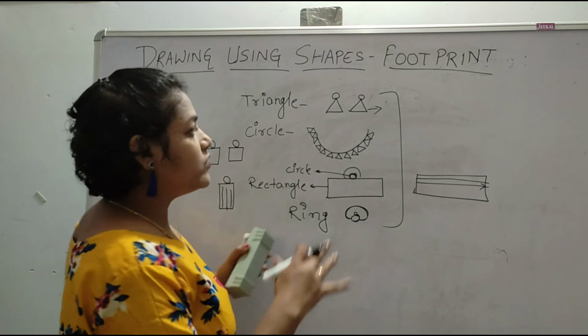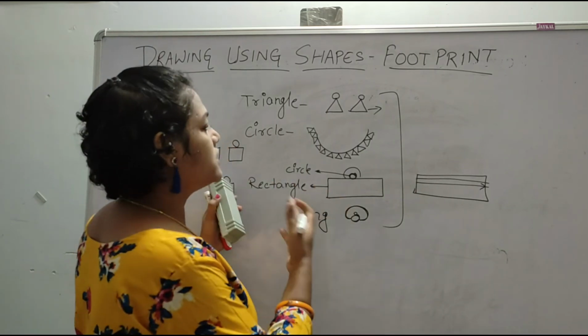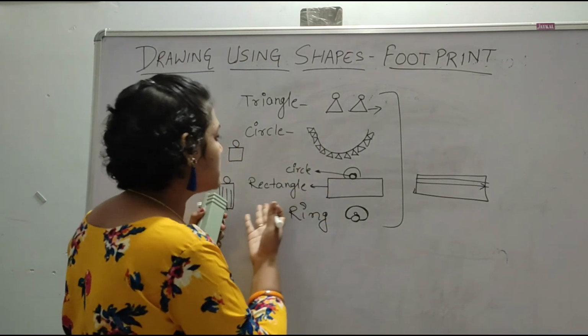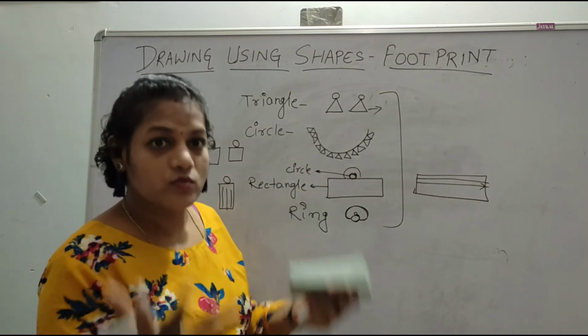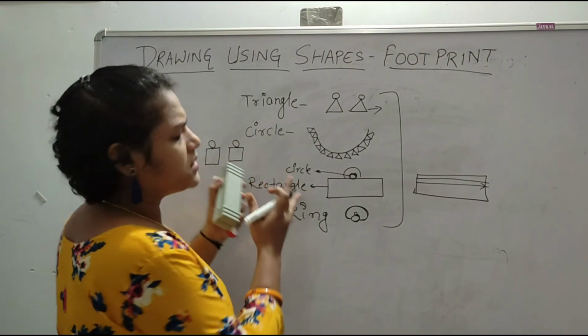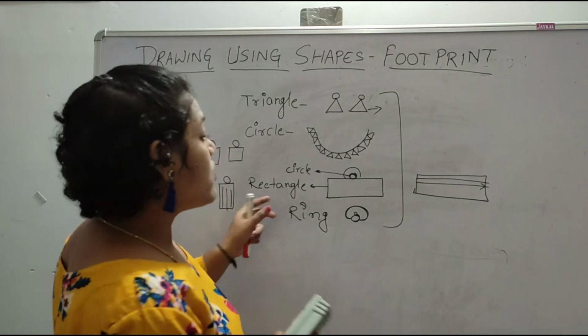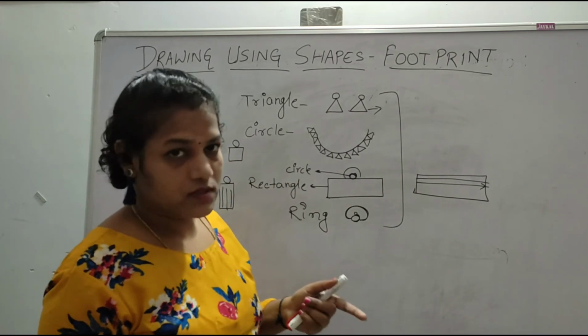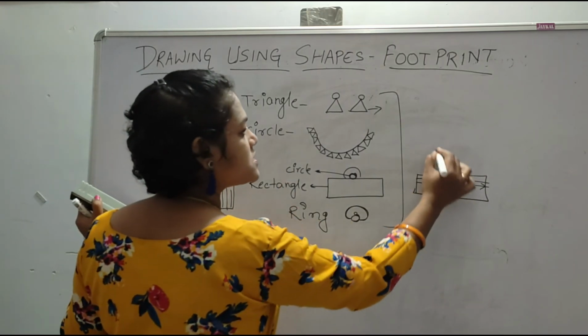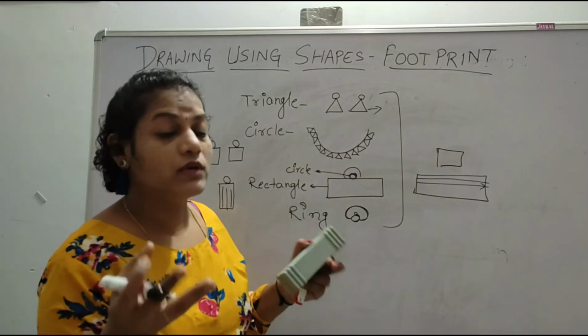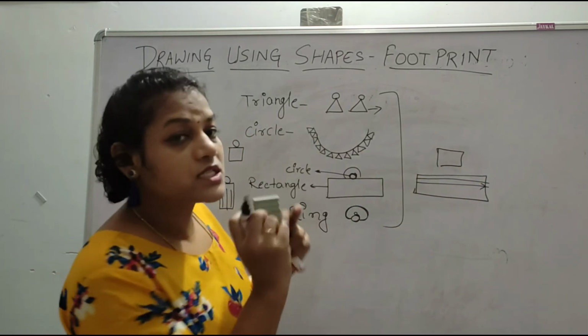Because when we teach them directly that this is a circle, this is a rectangle, this is a triangle, or this is an oval, or this is a square shape, they get confused between square and rectangle. They are not able to remember the spellings.